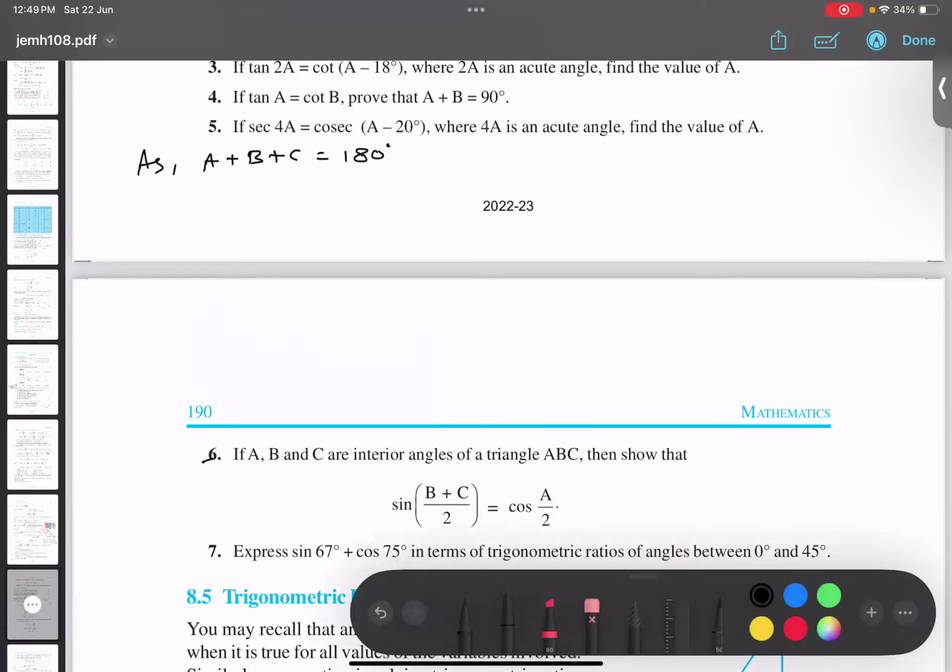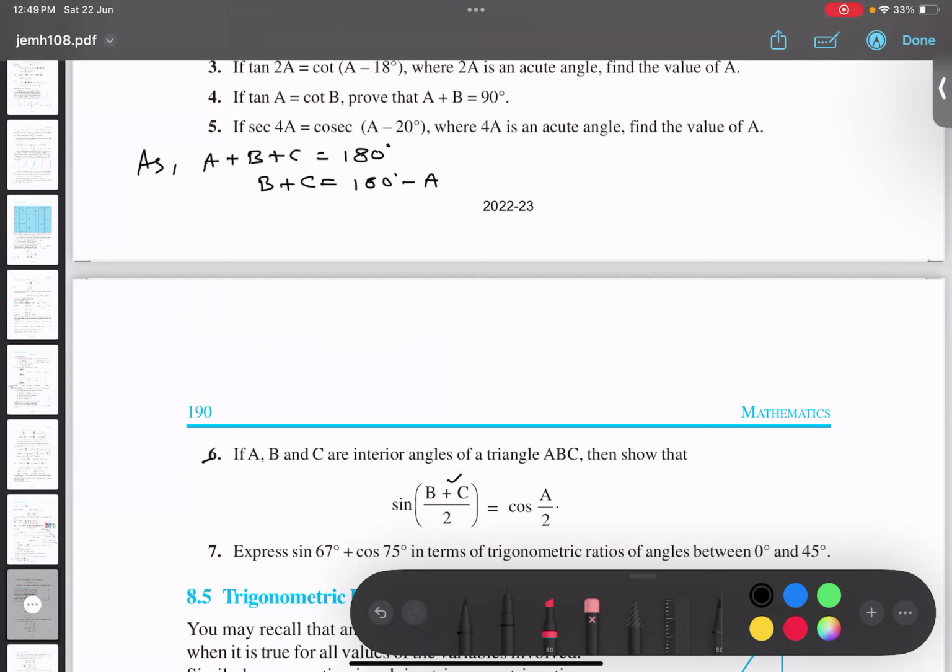Is that clear? Now just observe this. I need B plus C, so I will shift A to the other side. B plus C equals 180 degrees minus A. Is this clear?